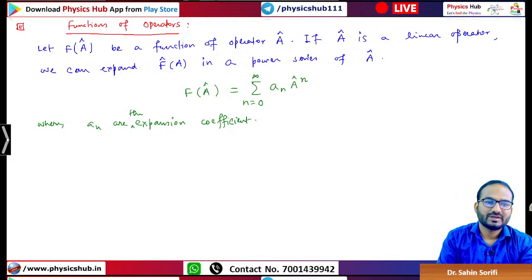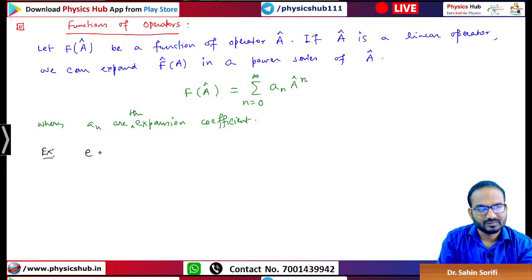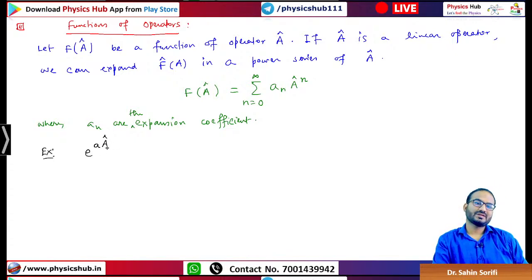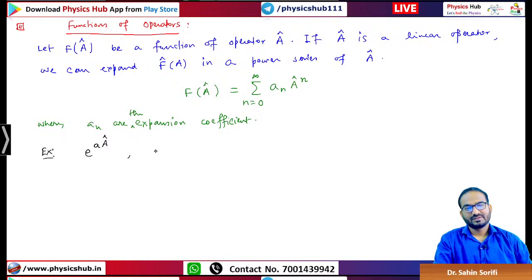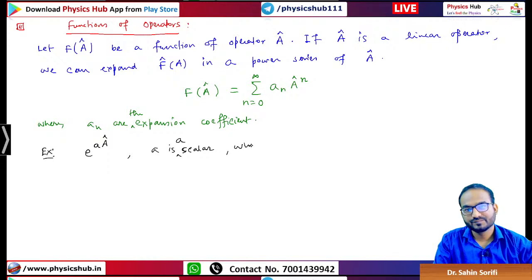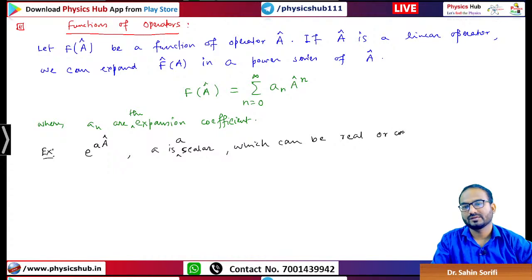Now let us take a function of an operator, let's say e to the power a times A cap. This a is a scalar, which can be real or complex, and this capital A cap is an operator.